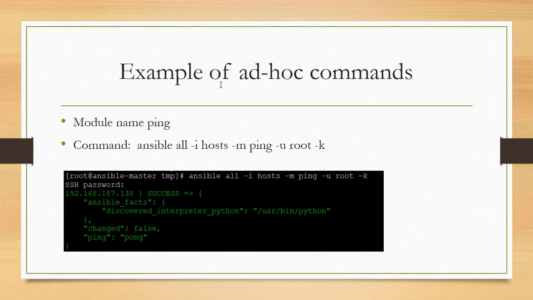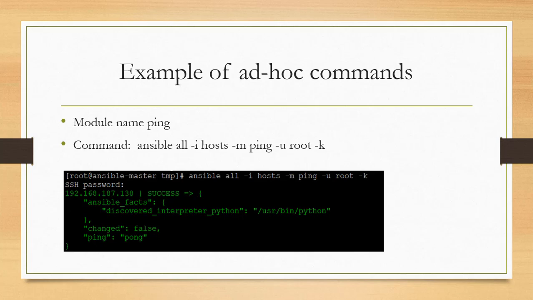Then -m, m stands for module, and then the module name, then -u the username with the help of which you are going to log in on the server, then -k, it's going to prompt for the password. You can see the screenshot. Yes, user, you are able to log in and you have successfully done this.